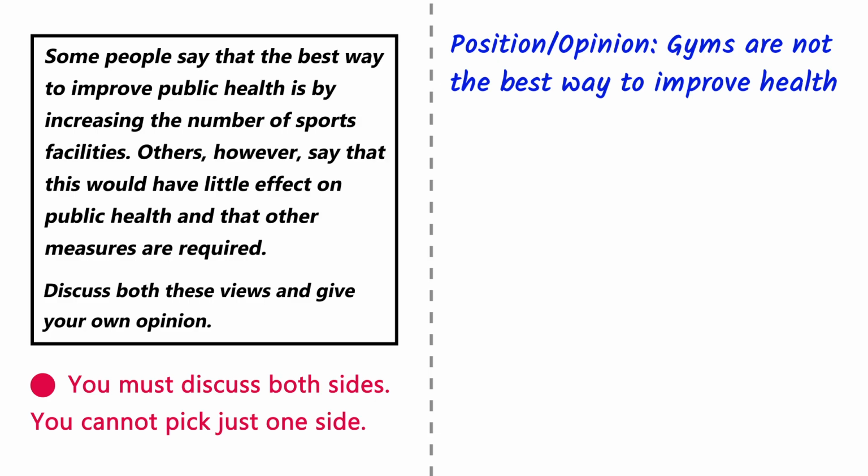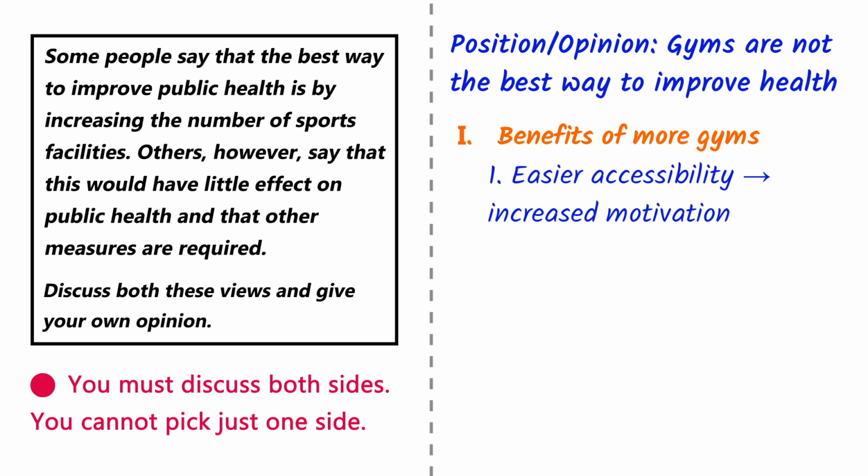In my second template, we state our main idea, and then we give one supporting detail, and we explain more and give an example. Okay, so let's just start with the benefits of more gyms. What are the benefits? Well, easier accessibility is the benefit, all right? And it leads to increased motivation, all right? That's it. That's my outline.